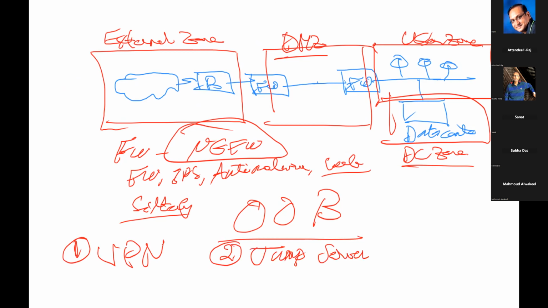What is a jump server? Gentlemen, as you can see in this diagram, you will have one server here. It has two network interface cards, or it may have only one interface card connected here in the DMZ.